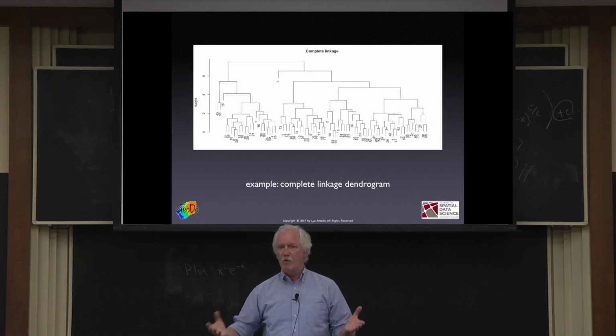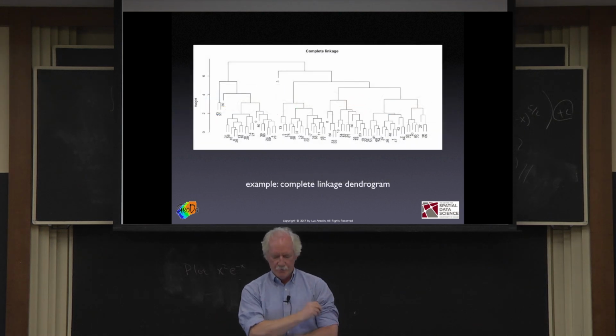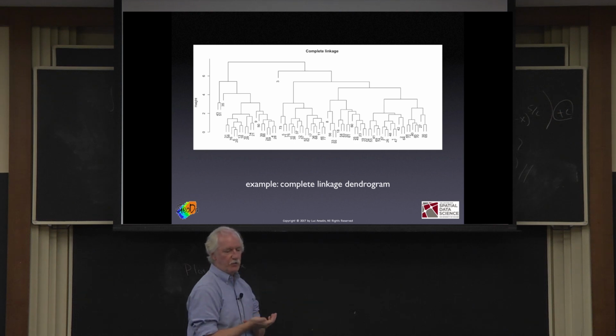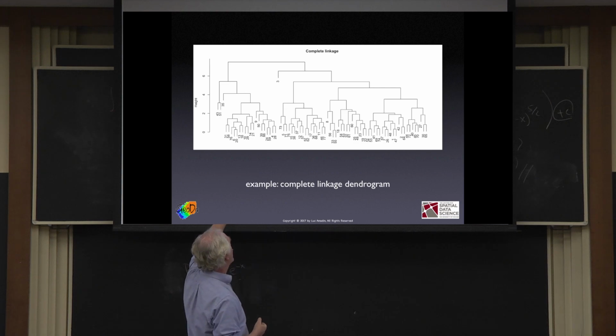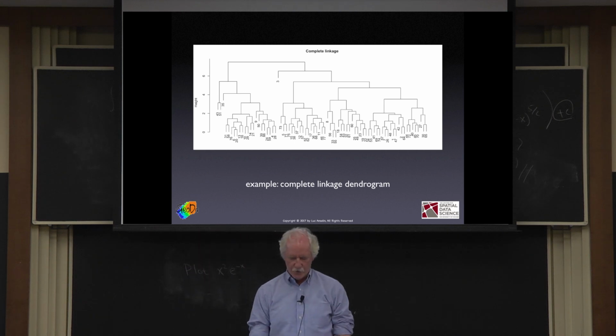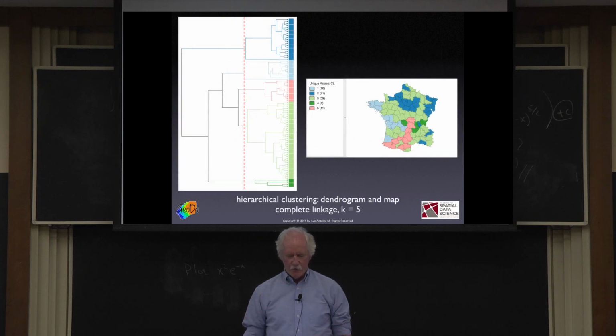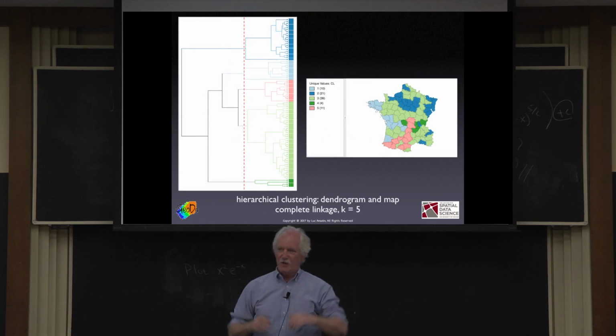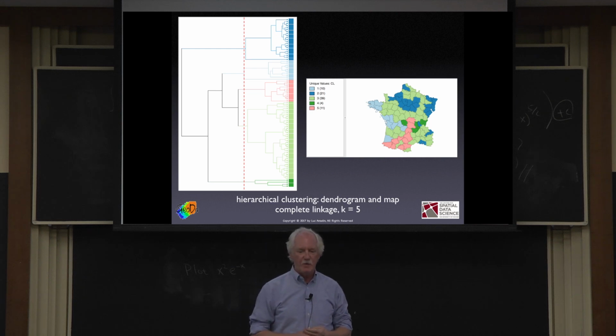So this is an example of one of these dendrograms. It's not the example from the French. It's actually using Chicago community areas, but it gives you an idea of how this kind of climbs up by level, and then you cut to get the clusters. And as I said, we can now do this in GeoDa. GeoDa, for practical purposes, flips the hierarchy around, but it's the same thing.